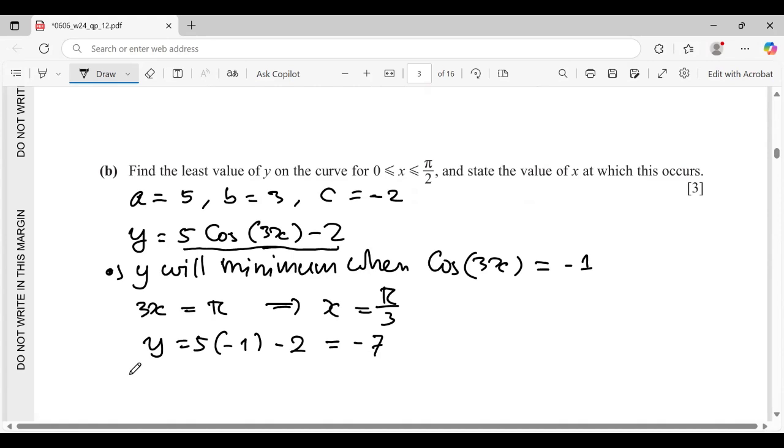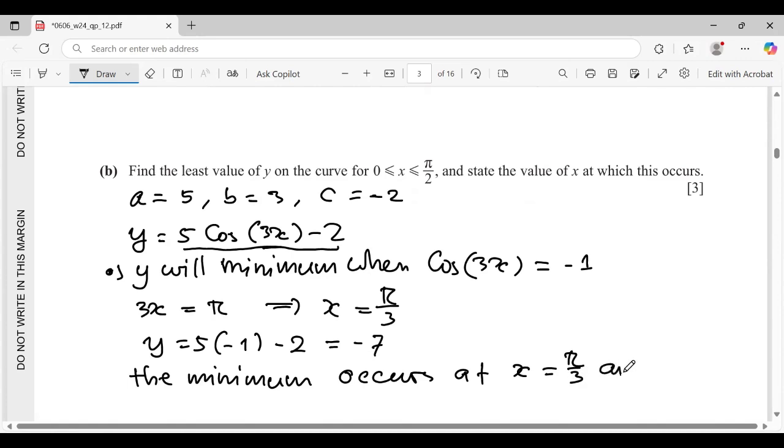So the minimum occurs at x equals pi over 3 and y equals minus 7. Next, question number 2.